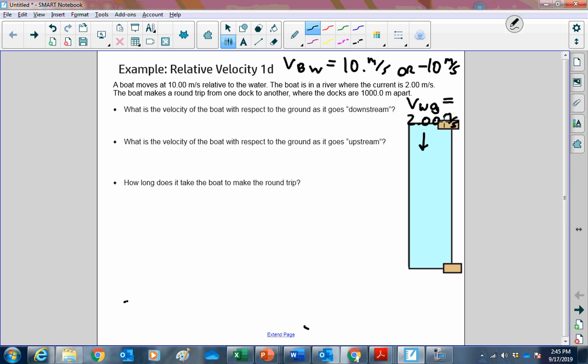So we've got to define our coordinate system. We'll say that down this way is positive.